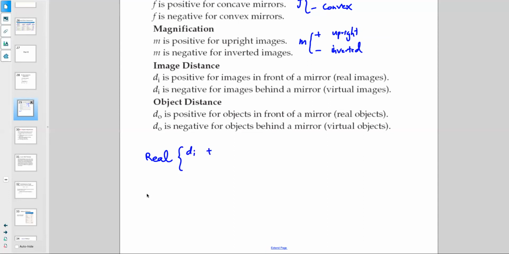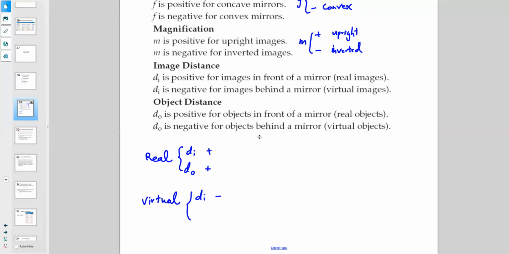If the image is virtual, then dI is negative. And dO, the object distance, is positive for an object that is in front of the mirror. If it's behind the mirror, then it's negative, but usually we're not dealing with that. We're always dealing with objects placed in front of the mirror.